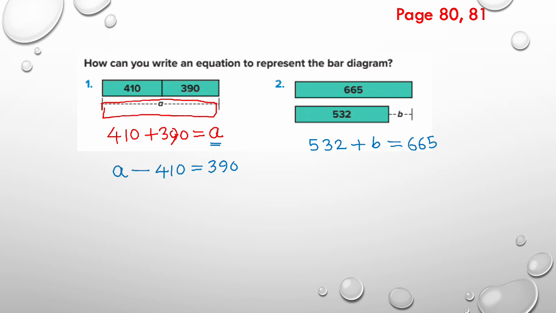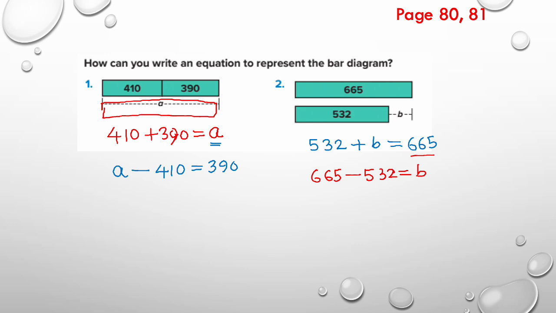If you are writing the minus, the biggest one will be the first number: 665 minus 532 equals B.